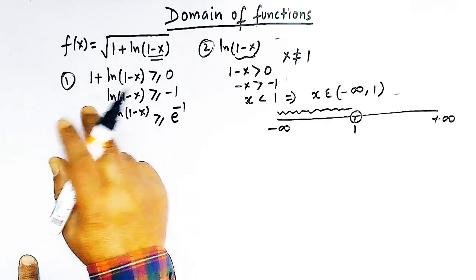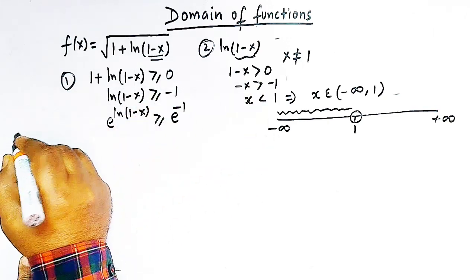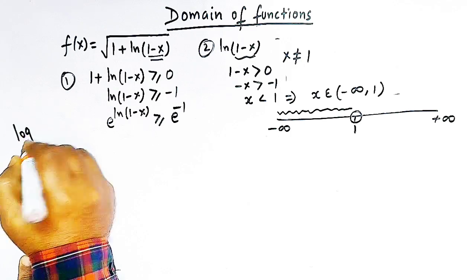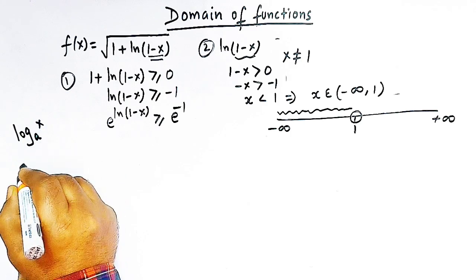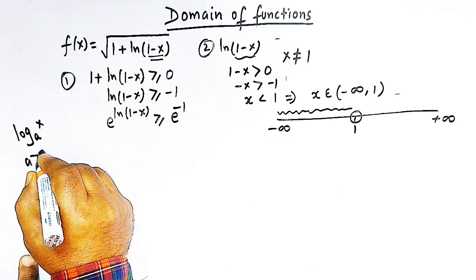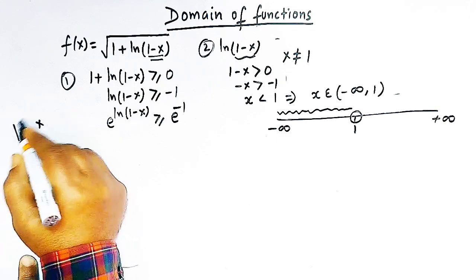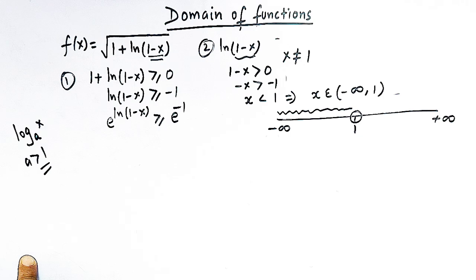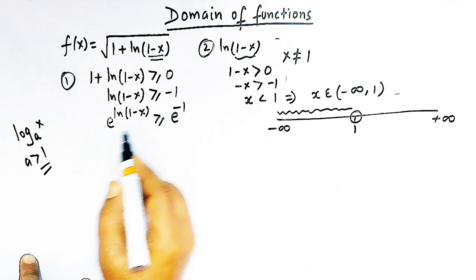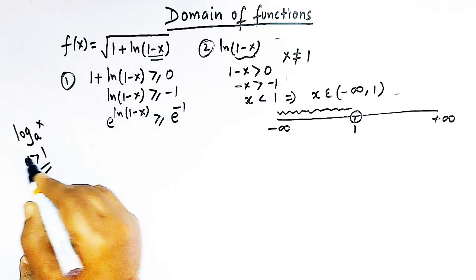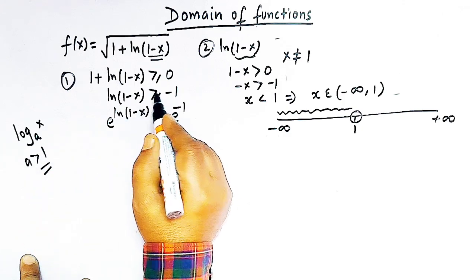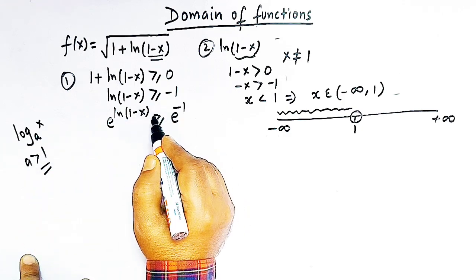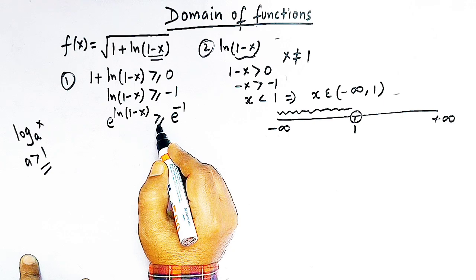So here we have used this concept, that is a log of say x to the base a, where a is greater than 1, then this function is an increasing function, right? And here when this function is an increasing function, then the direction of the inequality remains the same, right?